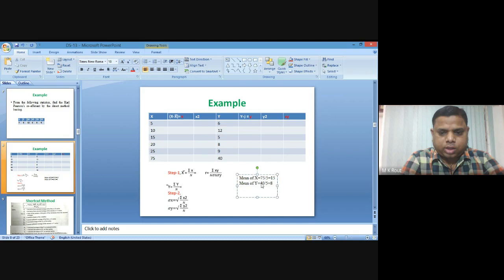Similarly, moving to calculate the standard deviation of x. What is the value? That is the square root of the summation of x square.